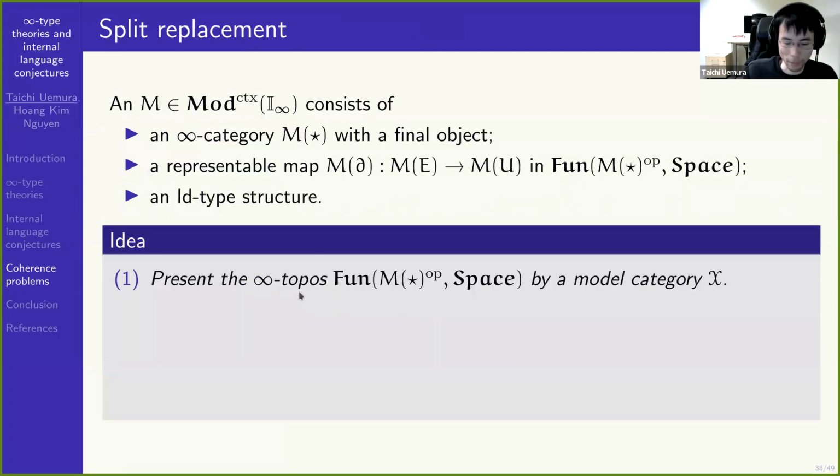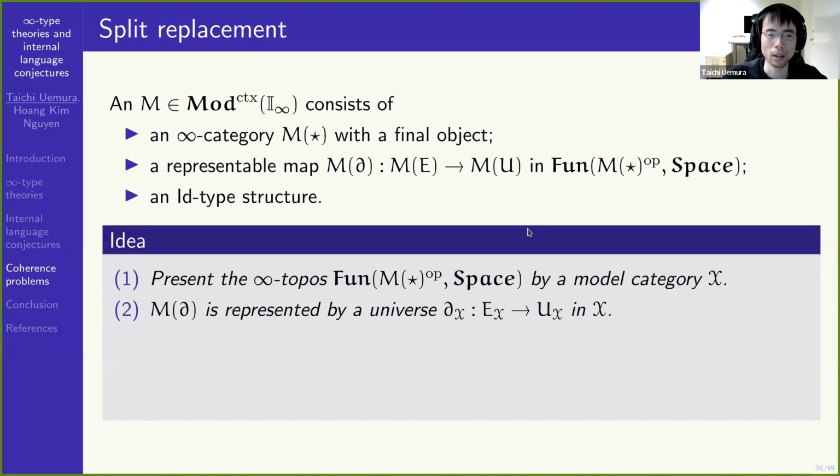So what we have done is to construct a split replacement for models of I infinity. Recall that a model of I infinity consists of a base infinity category and a representable map of presheaves, and some maps and homotopies. The idea is like this. First of all, we present this infinity topos of presheaves by some nice model category X. Then this representable map is represented by some universe in this model category.